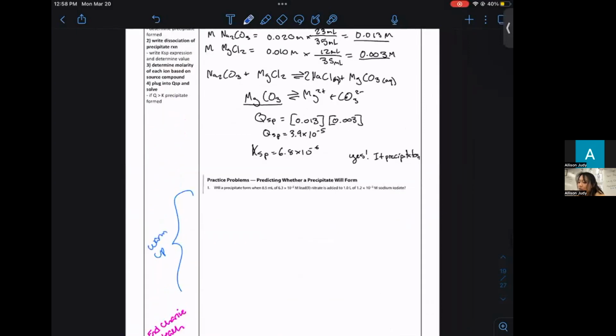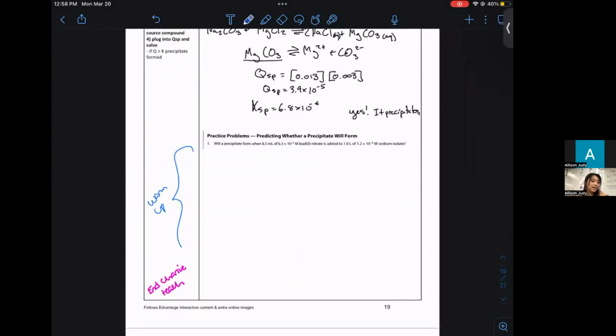All right. So what did you guys get for, oh, this is always a long problem. Okay. So for this one, you were given the original milliliters of a double displacement reaction. You had to figure out what was the solid formed in your double displacement reaction, and then write the dissociation for that solid.